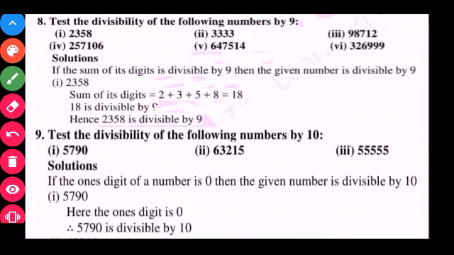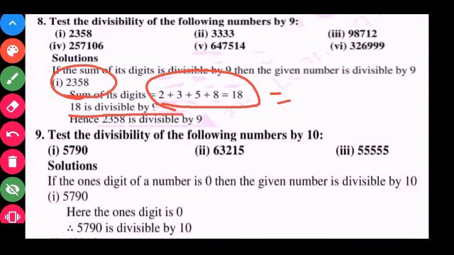For the first question, it is given 2358. The sum of the digits of 2358 is 18, and you know 18 is divisible by 9, therefore the number is divisible by 9.